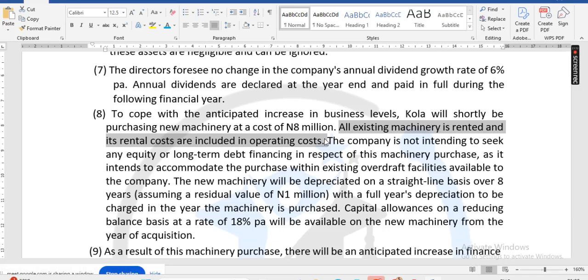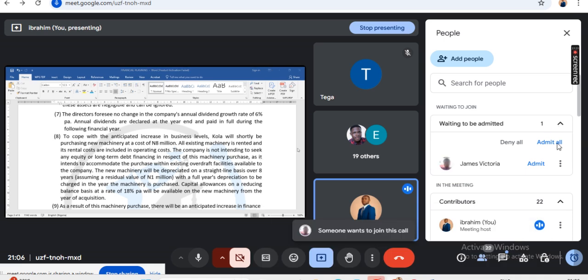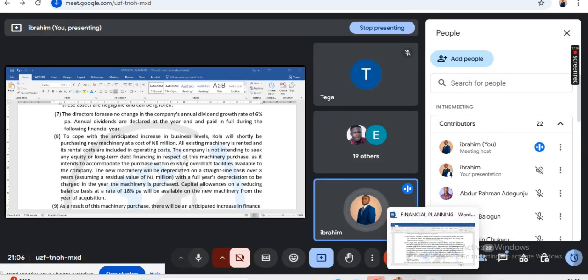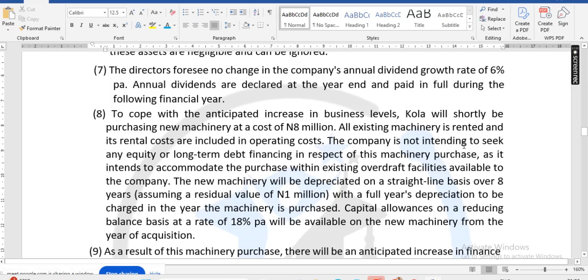Don't forget, Kola purchased new machinery at 8 million. The company is not intending to seek any equity or long-term debt financing in respect of this machinery purchase.